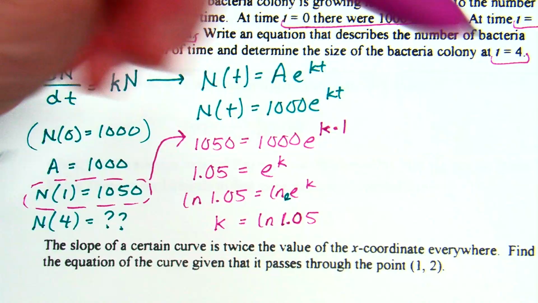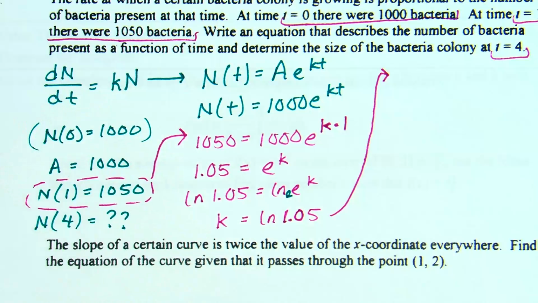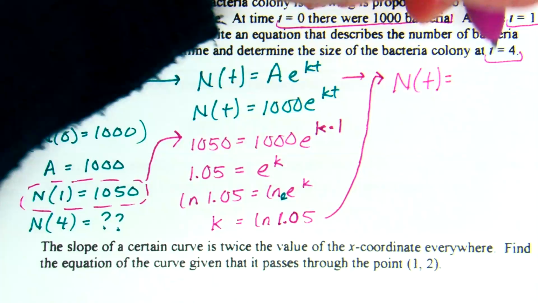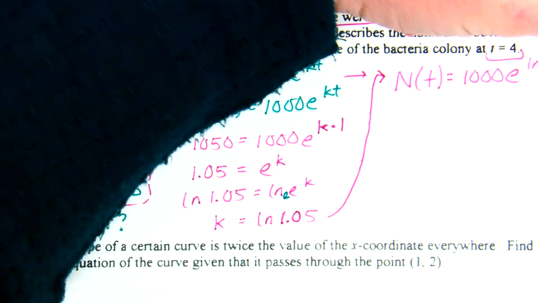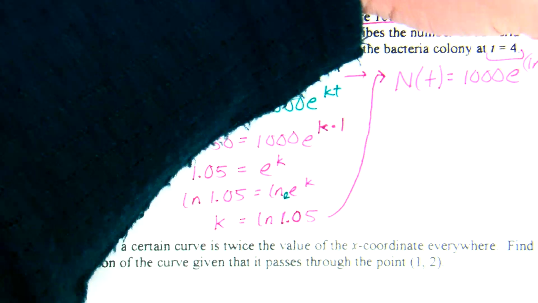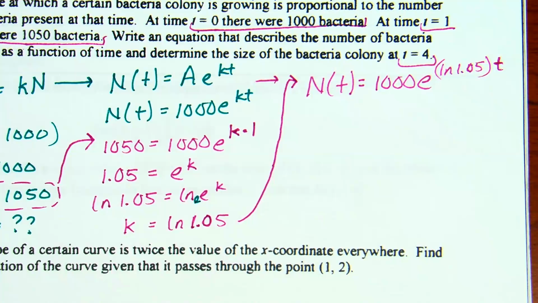Okay, using the fact that k is the natural log of 1.05, can we rewrite our equation? So, our equation, N of t is 1,000 e to the natural log of 1.05 times t. Officially, you can't see it, but I did put the natural log of 1.05 in parentheses because that t is not in the natural log.